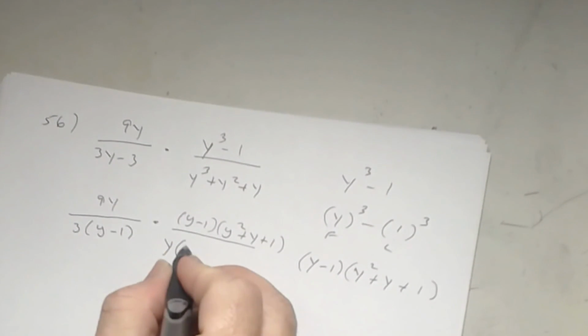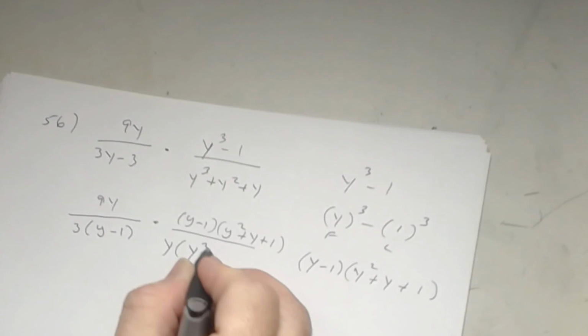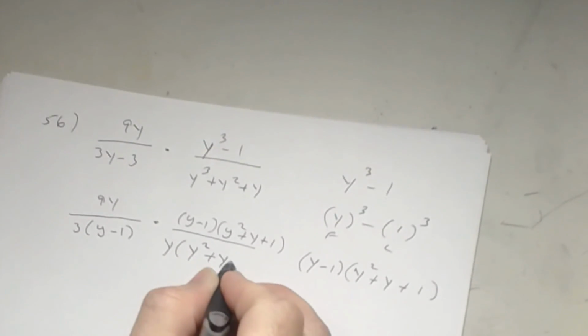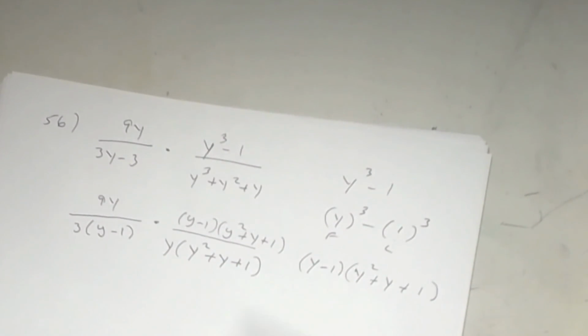That's y times what? y squared plus y plus 1. And don't try factoring that y squared plus y plus 1 because it's already listed in the numerator. And besides, you can't factor y squared plus y plus 1. It's not factorable. All right, so that's all I can do at that point in terms of factoring.